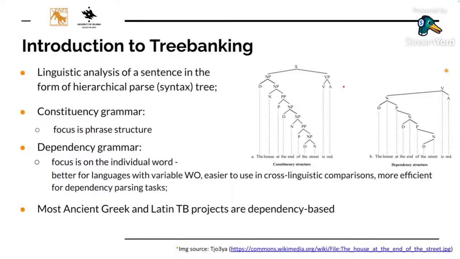And this is what makes it generally better for languages that have variable word order. It's also easier to use in cross-linguistic comparisons because languages tend to realize different structures in different ways, and word order plays a role in that. And it is, to a certain extent, more efficient for parsing tasks.